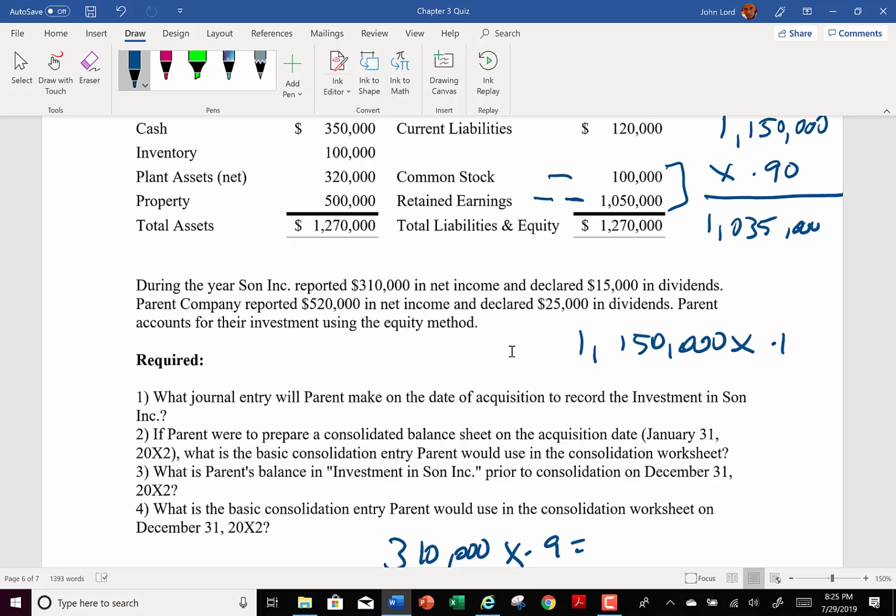And then I'm going to subtract son's dividend. Son's dividend was 15,000. So I subtract that. That gives me an ending balance in son's retained earnings of 1,345,000, doesn't it?